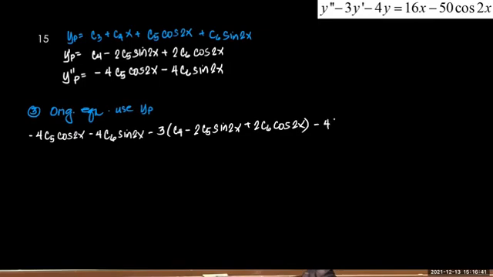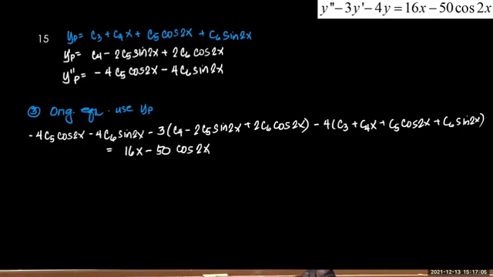So minus 4 times, what's the y? It's C3 plus C4x plus C5 cosine of 2x plus C6 sine of 2x is equal to 16x minus 50 cosine of 2x. So there's quite a lot.